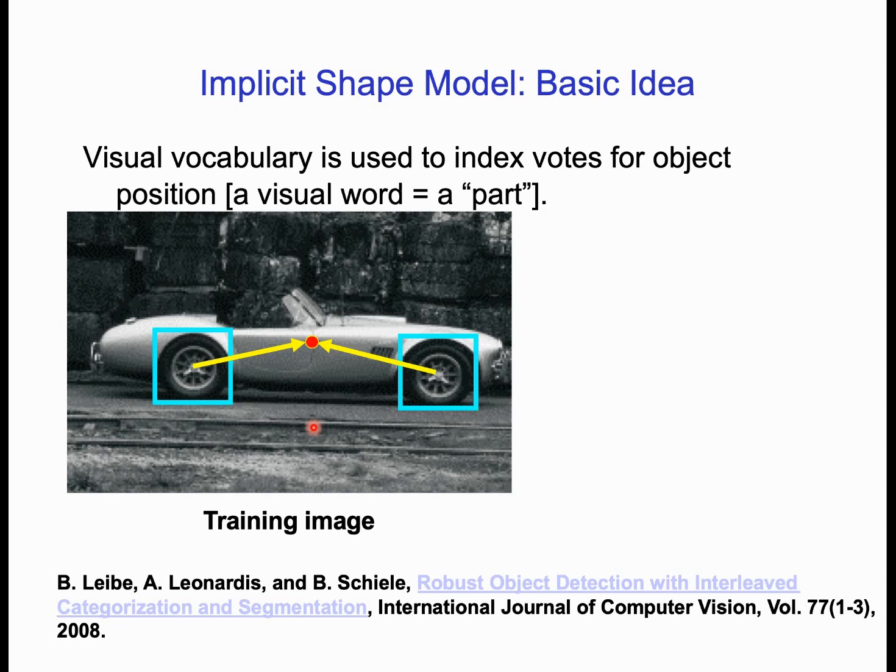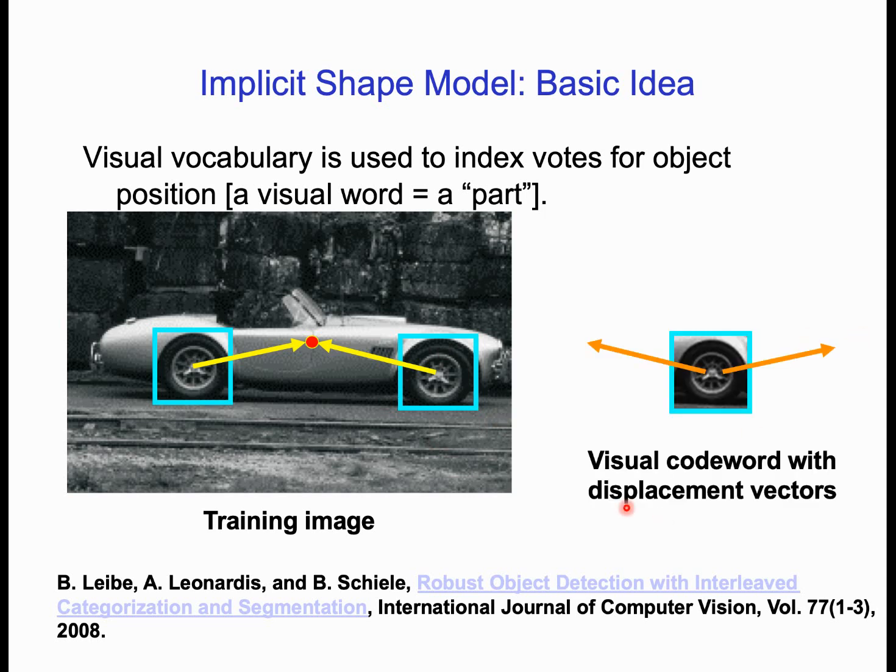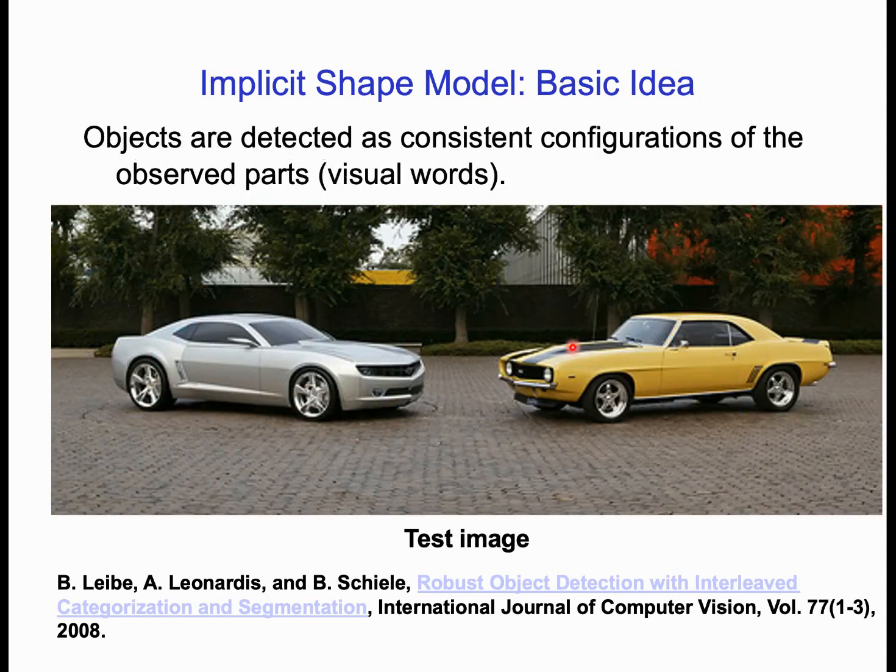I wouldn't know if this is the front wheel or the back wheel, but it doesn't matter, because I can simply say, let's encode with this wheel two directions that are possible locations of the center of the car. So whenever I see this visual code word, I encode a displacement vector to the center. By doing this, I can simply go through the image, run my detector, find the wheels, and each wheel gives me two directions.